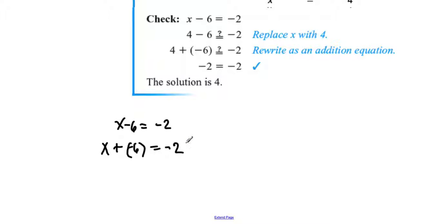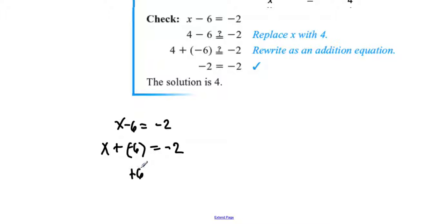So in order to undo negative 6, we need to use inverse operations. So in this case, to be able to undo negative 6, we need to add 6. Okay, so the inverse operation of subtraction is addition.